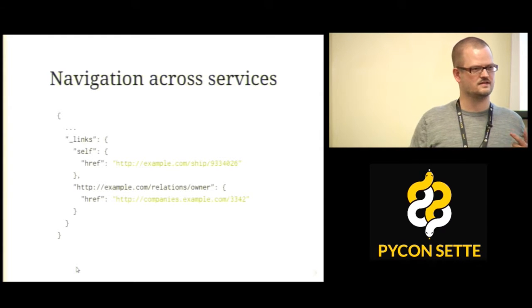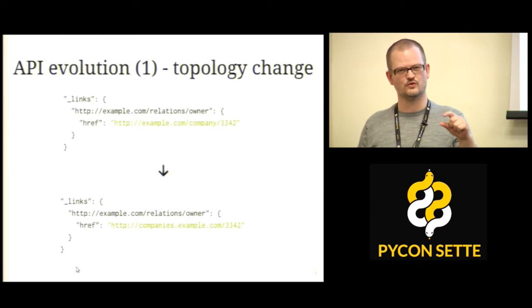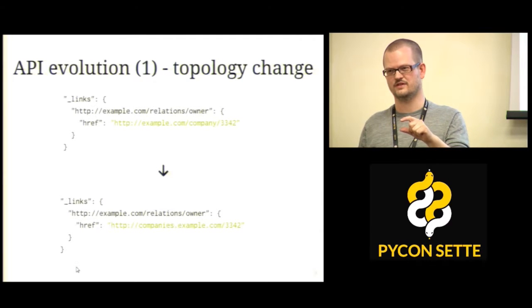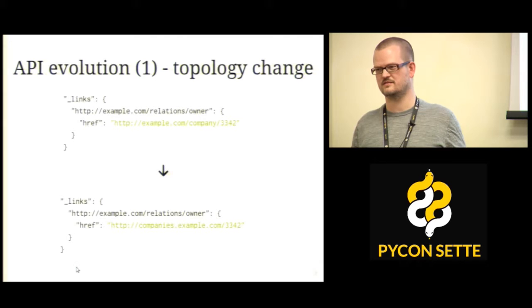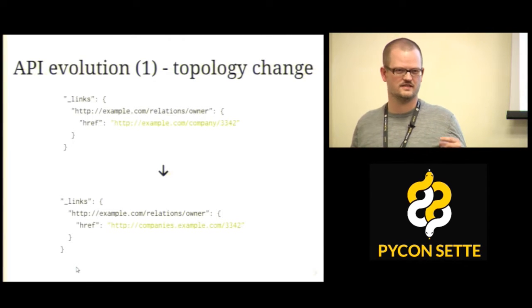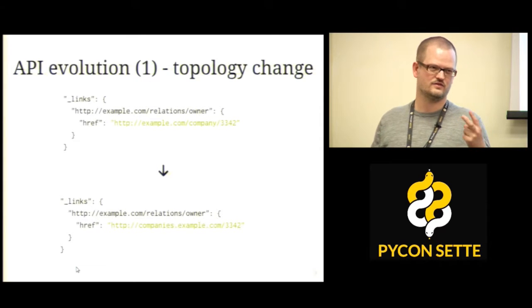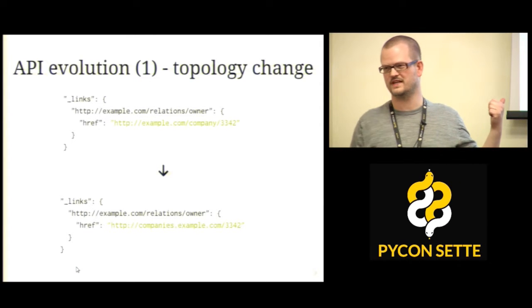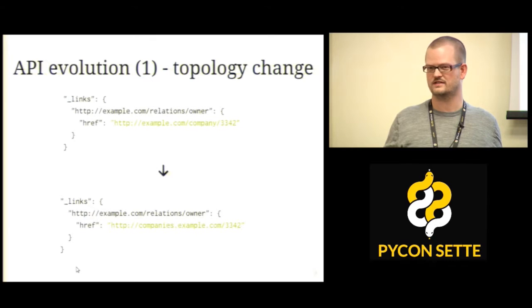And like I said, it facilitates API evolution. For example, let's say that you move certain endpoints from one system to another system. They can follow the same relation. Clients that follow the relation twice end up in a different place, but they don't really know that. They don't need to know that.